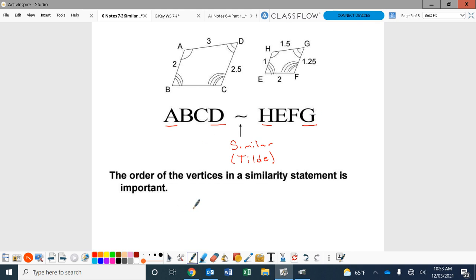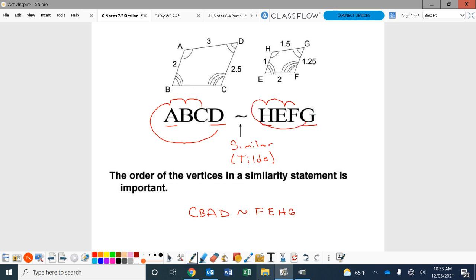If I call it CBAD, CBA, and then around to D. Then what would it have to be for the other one? F-E-H-G. No problem catching up with that similarity and that correspondence.